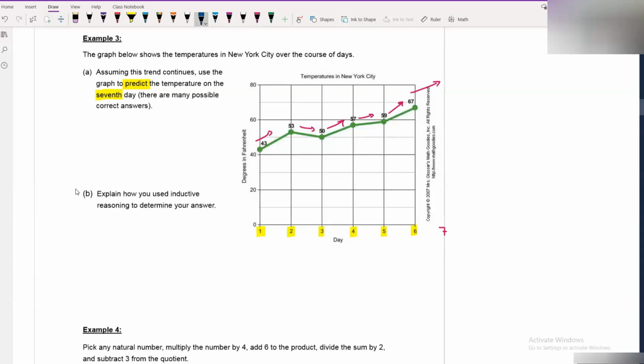So for that, I'm going to use these numbers and see if I am able to find a pattern and see if there is any relation between these numbers. I'm going to use this 43 and 50 and find the difference. So using these two, I'm going to subtract 50 minus 43, and that is 7. So the difference is 7.